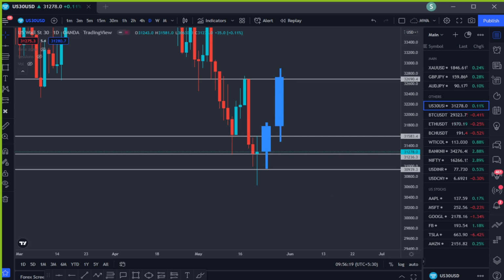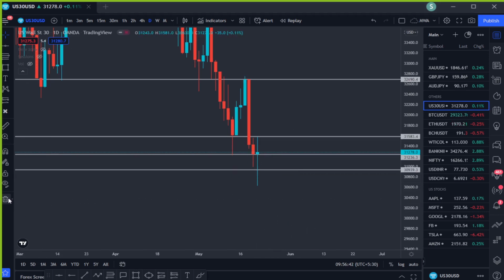But if that doesn't happen and we get a bearish candle closure like this, then we are expecting the price to move to the next support, wherever it is. So it totally depends upon how we get the next candle closure.